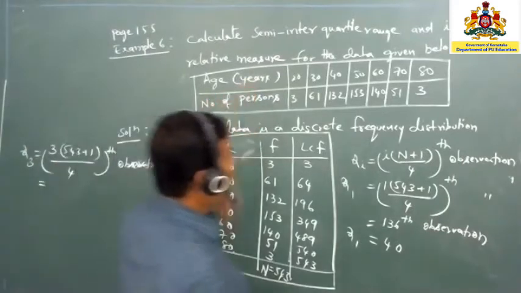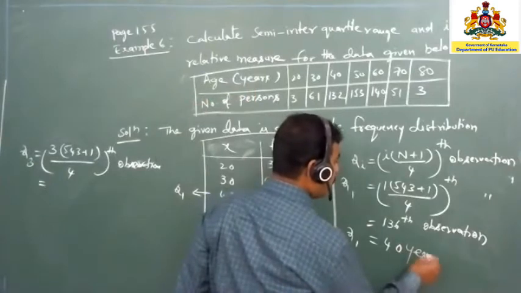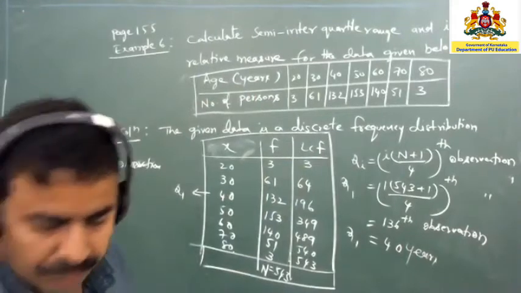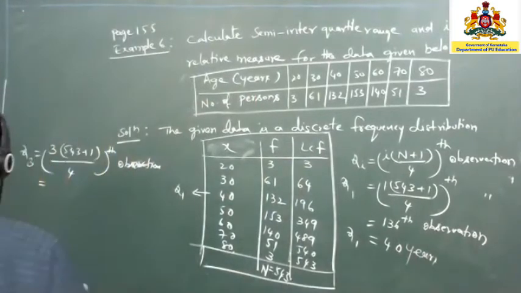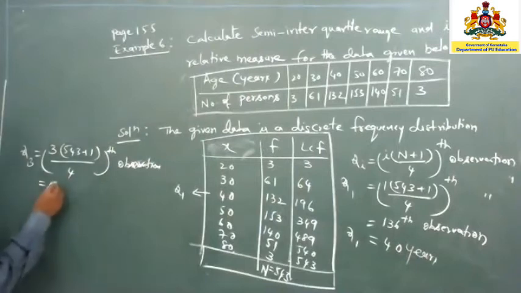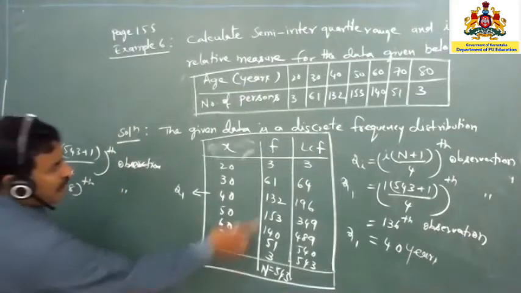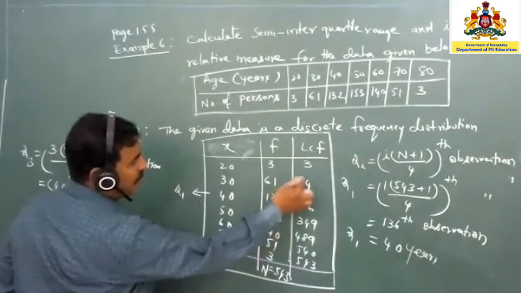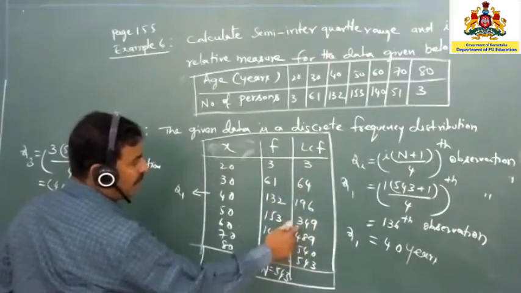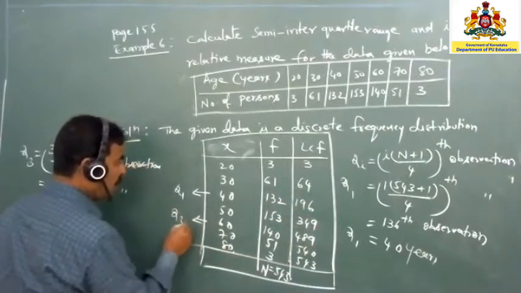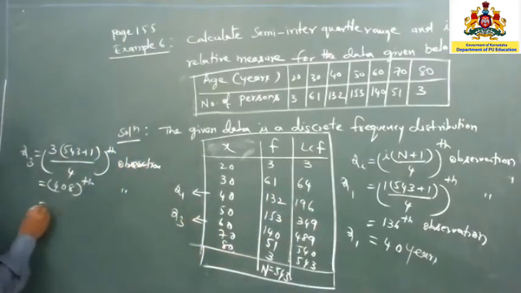Here data is given in years, so here also write down years; it contains units, it is an absolute measure. After simplification it is the 408th observation. 408 will not lie in 349, it lies in 489. The corresponding observation value is Q3. So the 408th observation is 60, so Q3 equals 60.